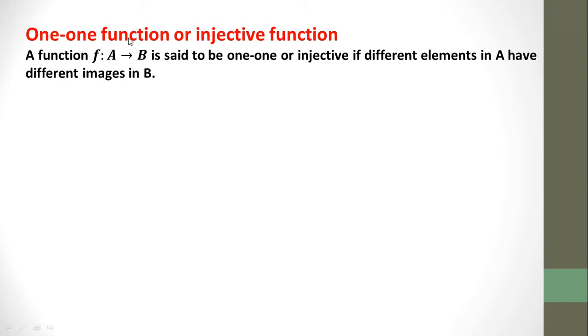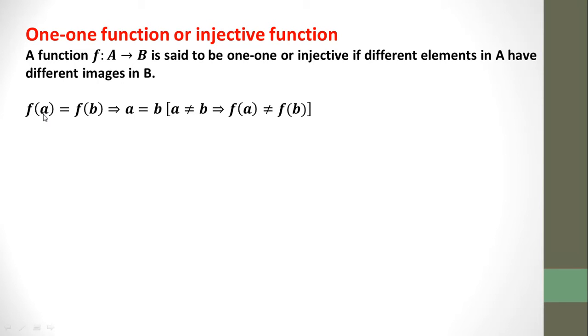A function f from A to B is said to be 1-1 or injective if different elements in A have different images in B. Means, suppose some elements in A, all different, are related with different images in B.